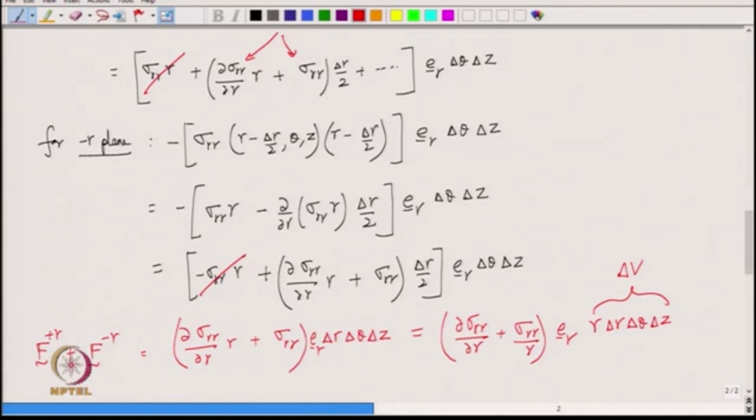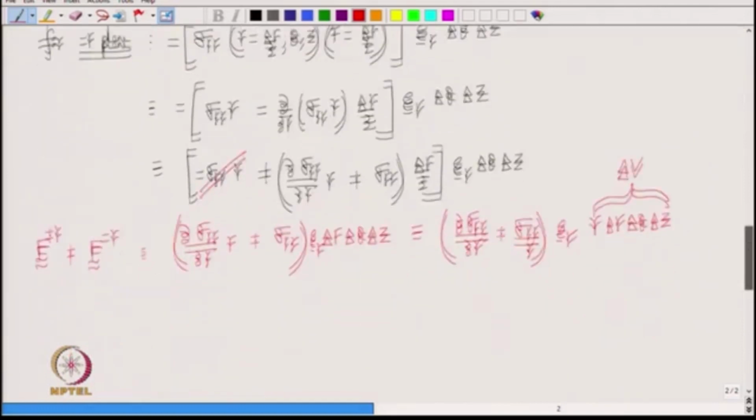Anyway, this is only the contribution due to sigma r r. We also have tau theta r and tau z r. So, you can now think of what will they give. It is easy to figure out, is not it?